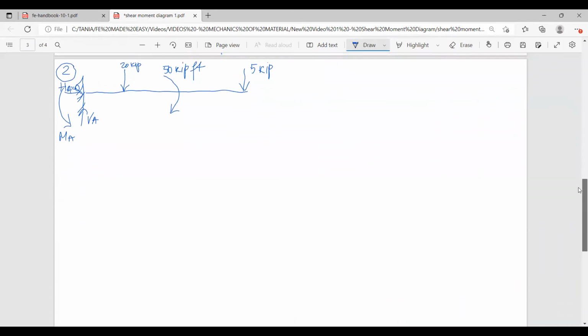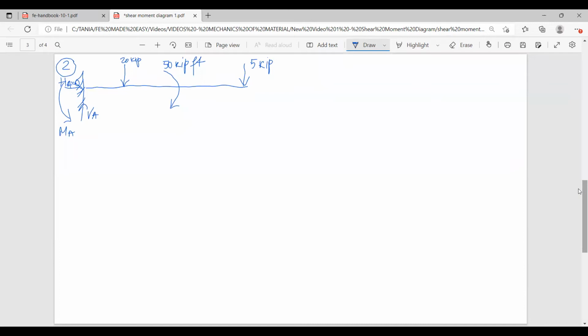So let's go ahead and do this side of the beam. And first, I will also add the dimension here. Okay, we have 2 feet, 2 feet, 2 feet, 2 feet. So it's 2, 2, 2. So we start by doing the sum of moment in point A equals 0.